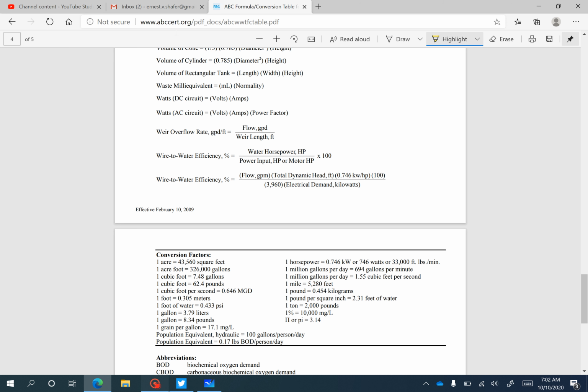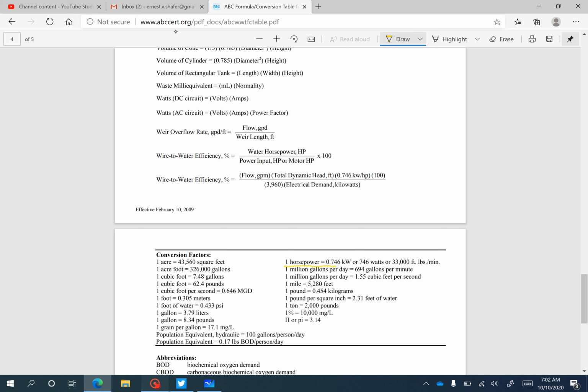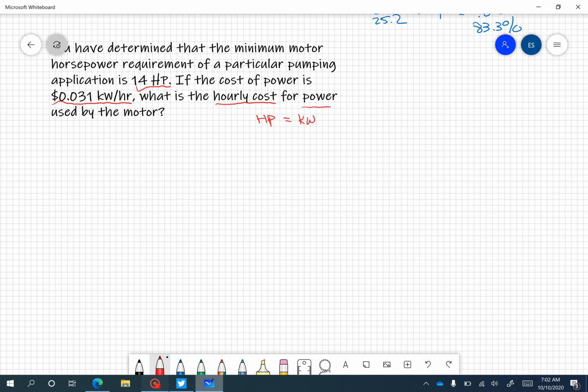We just need to convert it to kilowatts. So right there, 1 horsepower equals 0.746 kilowatts. Let's write that down. 1 horsepower equals 0.746 kilowatts.